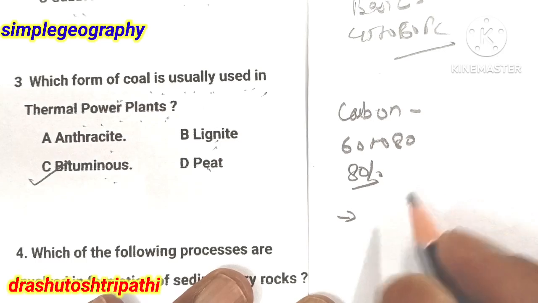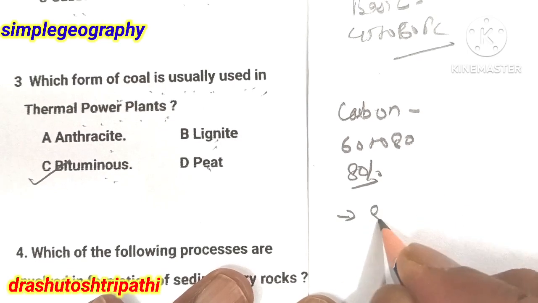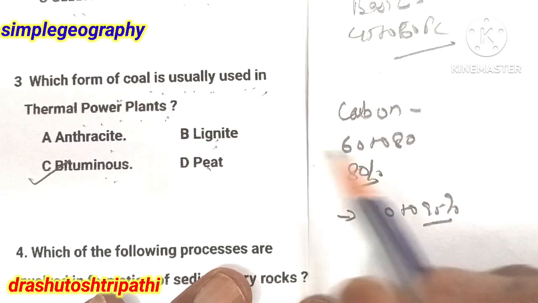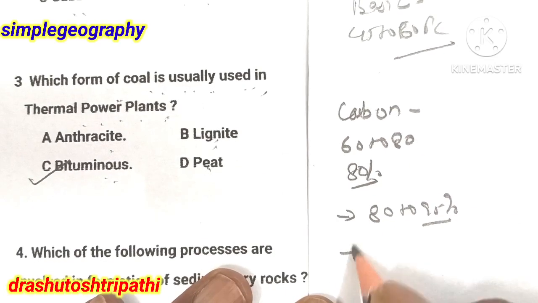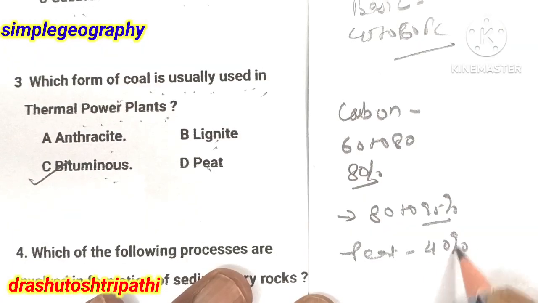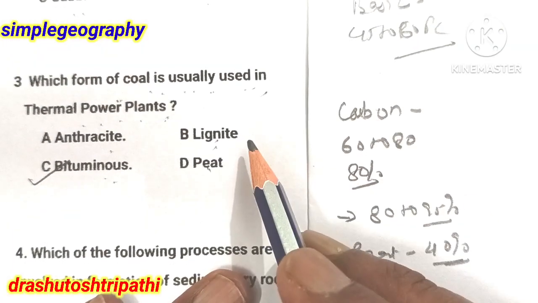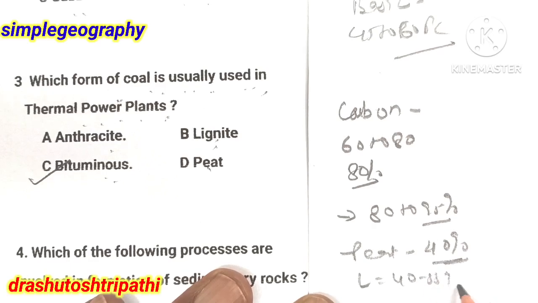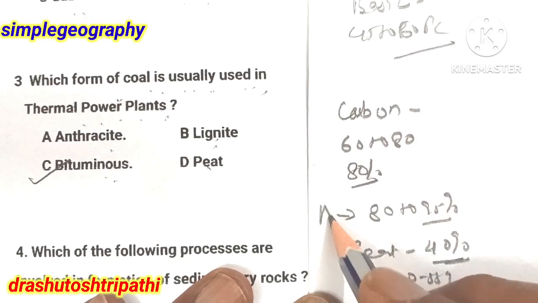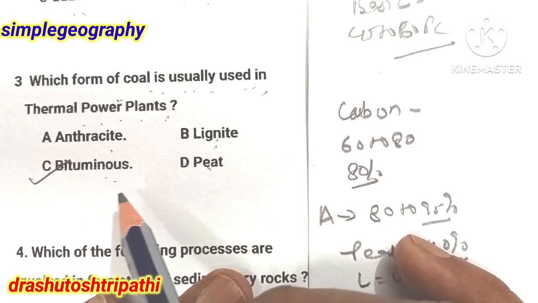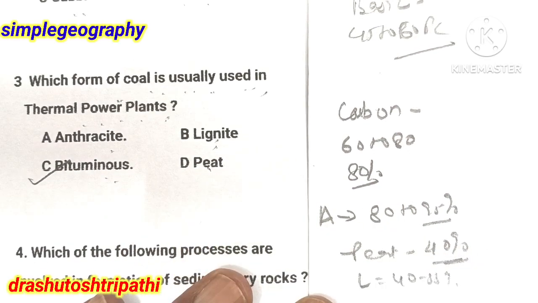Anthracite is the best coal, and its carbon content is 80 to 95%. Peat is the least one, where the amount of carbon is less than 40%, and in lignite the carbon is between 40 to 55%. So anthracite is the best coal among all these types, but bituminous is the most used coal in the world.